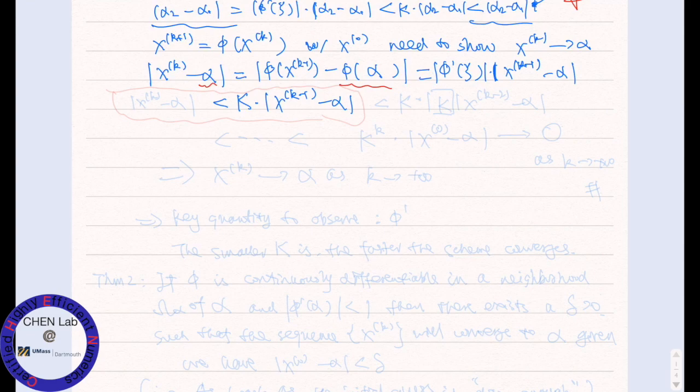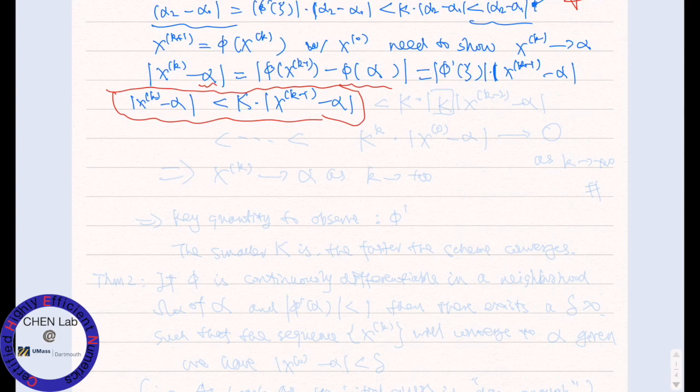Look, if I'm copying what we started from, x_k minus alpha in absolute value, we have this: the absolute value of x_k minus alpha is less than k times the absolute value of x_k minus 1 minus alpha. If I go through what we did above, that's true for any k.